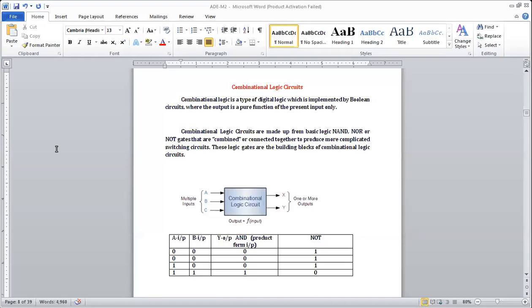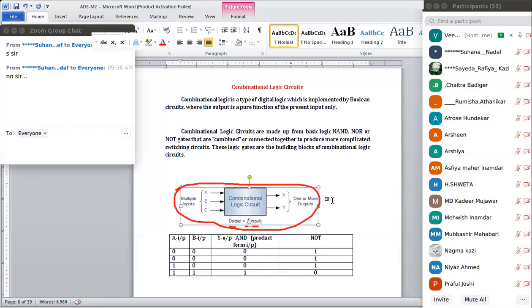Okay, no doubts. Fine. So in combinational logic circuits, with multiple inputs, or a single input for a NOT gate, the output is a function of the present input.